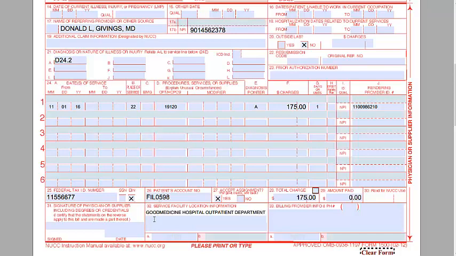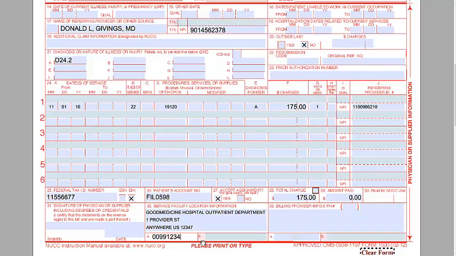And then I need to fill in the address here. And since I have put in the information in box 32, I need to also indicate the NPI number for Good Medicine Hospital Outpatient Department.